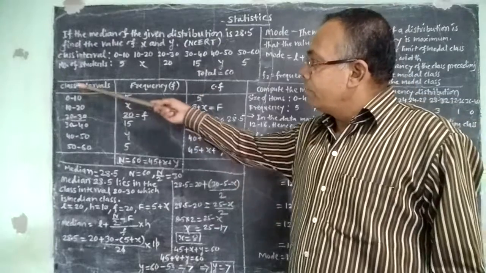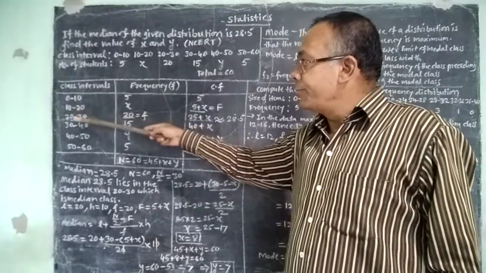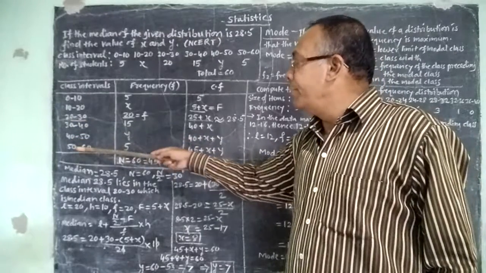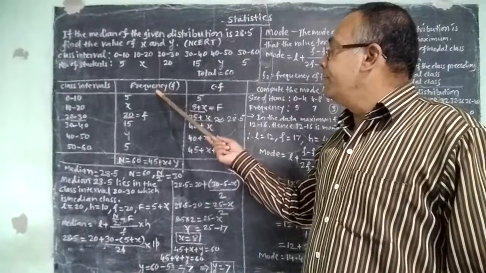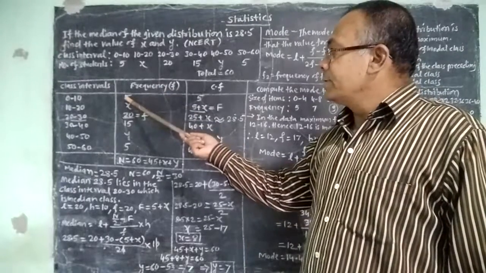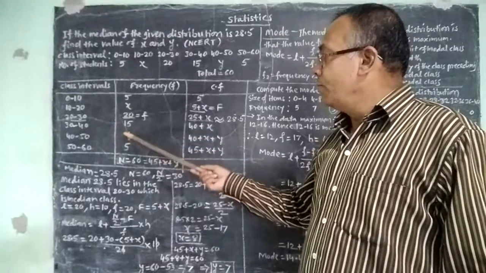In the first column there are the class intervals 0 to 10, 10 to 20, 20 to 30, 30 to 40, 40 to 50, and 50 to 60. In the second column we have written the frequencies: 5, x, 20, 15, y, and 5.